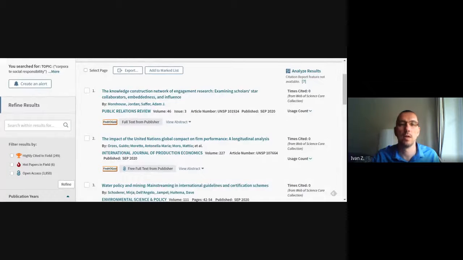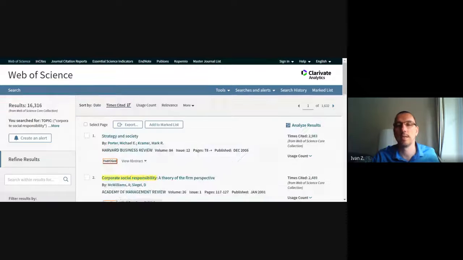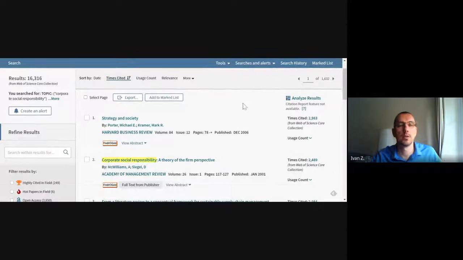But for example, we can also sort by citations. We can see that the most cited article in the corporate social responsibility literature is the article Strategy and Society, published in Harvard Business Review. It was cited 1,983 times.